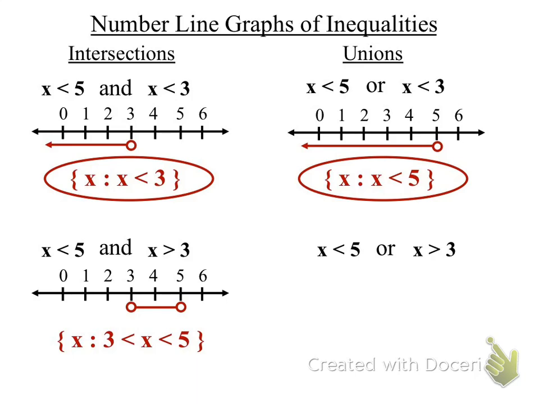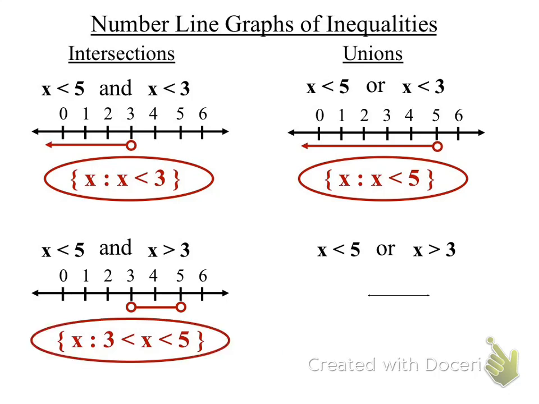You could say x is such that x is less than 5 and x is greater than 3, close parentheses. That's the rule that covers all the numbers in that set.